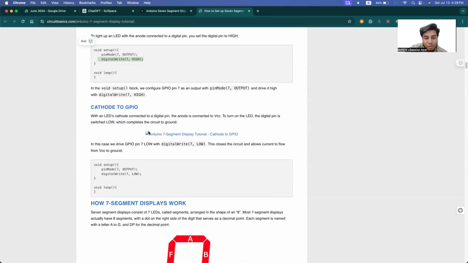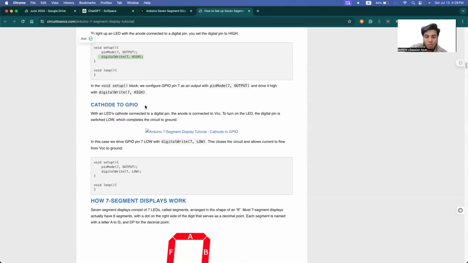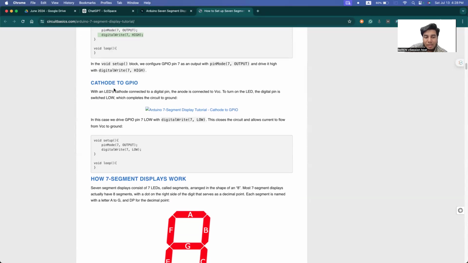Okay, so cathode to GPIO, that's the starting point of the seven-segment display. That's how it works actually, and you have to know the details about it. To turn on the LED, the digital pin is switched low, which completes the circuit to ground.